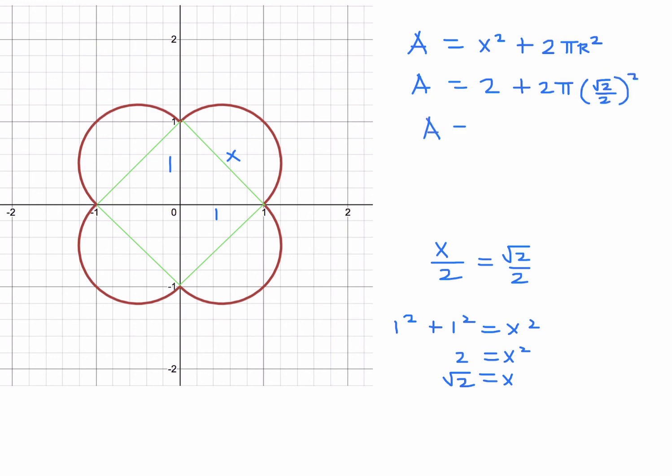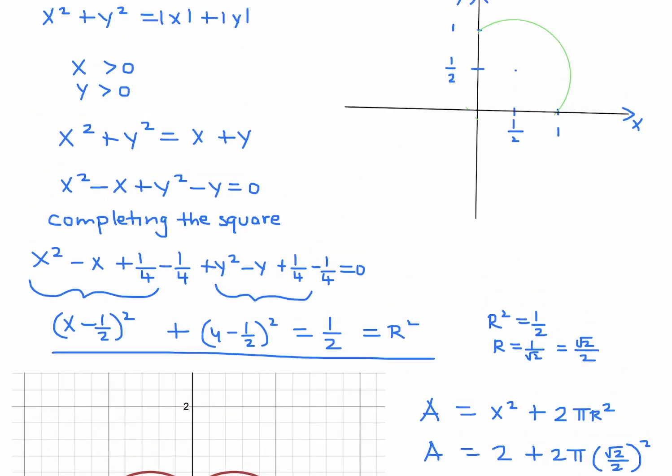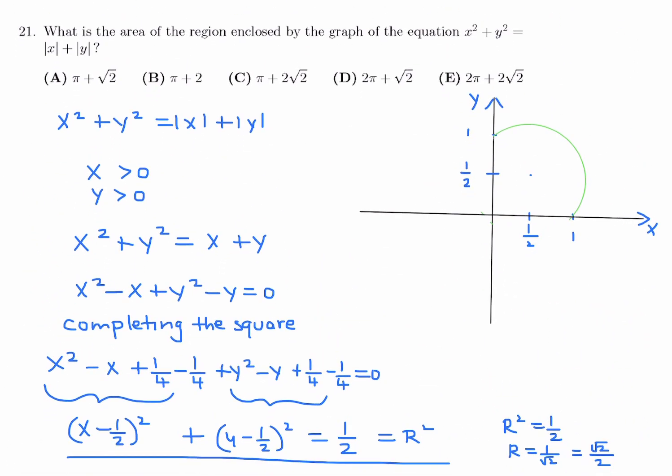So this is 2 plus 2 pi. Root 2 over 2 squared is 2 over 4, and therefore that becomes 4 over 4, which is just 1, so 2 plus pi. There we go. 2 plus pi is the area of the region that is enclosed by that graph, and therefore number 21, the answer is B.